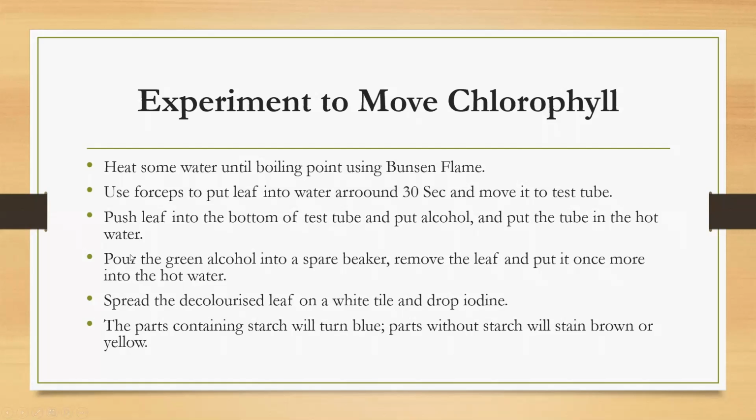After that, we spread the decolorized leaf on a white tile and give it iodine. After we give it the iodine, the part containing starch will turn blue, and the part without starch will become brown or yellow.